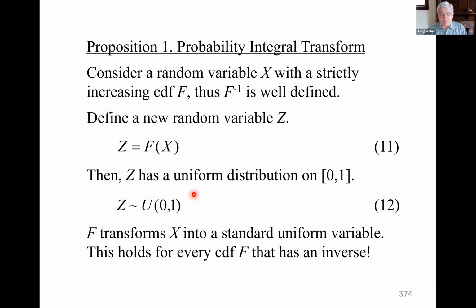Then Z has the uniform distribution, okay, like this. So it's just restating what I said before. So actually, the CDF transforms the X variable into a standard uniform variable. And this holds for every CDF that has an inverse. So it holds for the normal distribution, but it holds also for the gamma distribution. It will hold for any CDF that has an inverse.